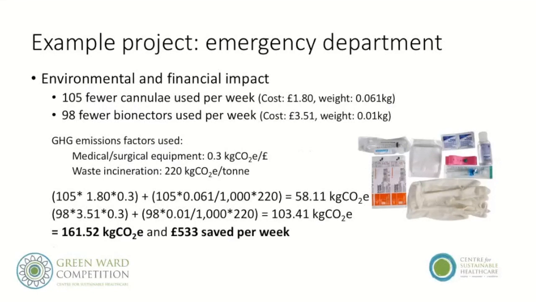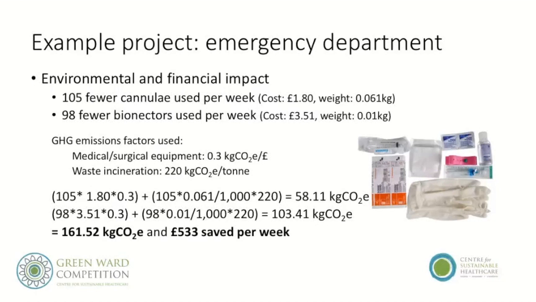We were able to calculate an environmental and a financial impact fairly simply. I think we just took the two most expensive pieces of equipment used, which were the cannula and the bionector they were using, which is some sort of connecting piece, and they multiplied the cost by greenhouse gas emissions factors. The resources that I've mentioned can give you some signposts to where to find these; they're publicly available.